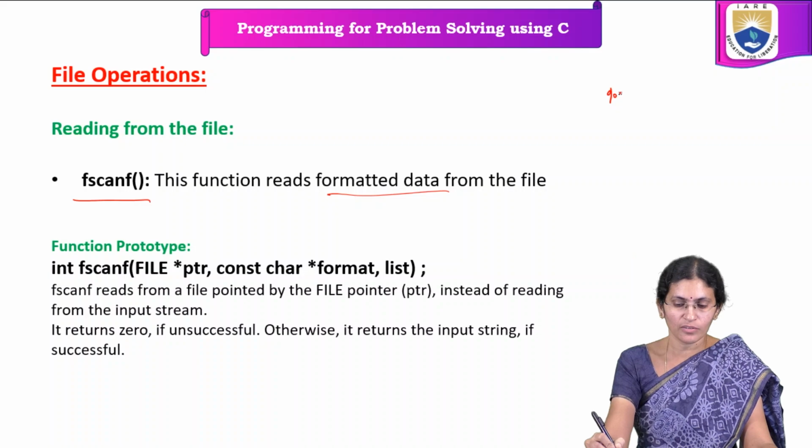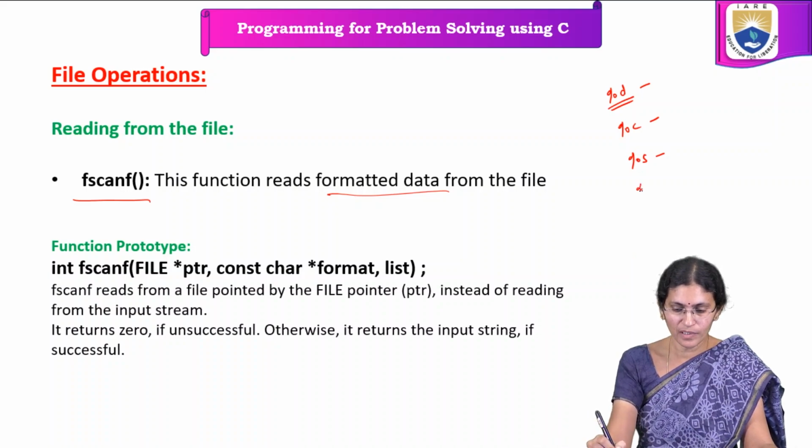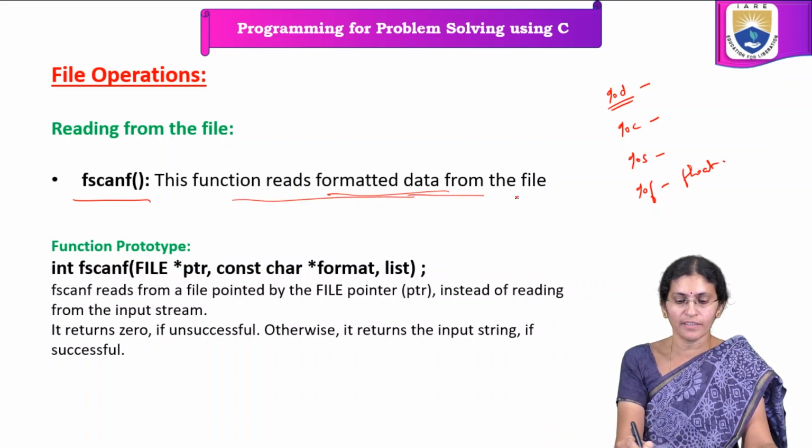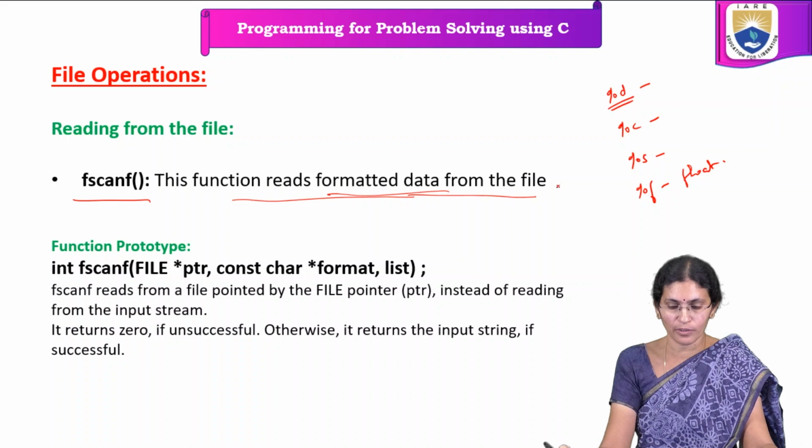We know that there are different format specifiers for each data type. %d is used for integers, %c is for characters, %s is for strings, and so on. %f for floating values. So this function reads formatted data from the file.